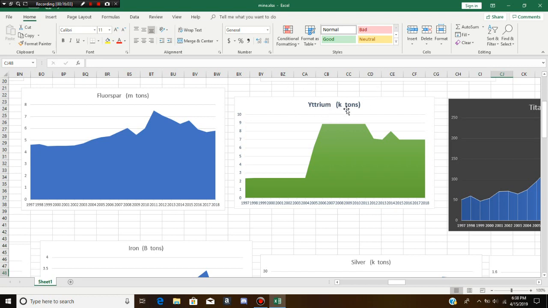But yttrium, measured in 1,000 tons, though barely, it peaked just under 9,000 tons per year and had a plateau and came down, bumped back up, and has since remained level. But it's been almost 10 years of it kind of not really indicating that it's going back up, so I'm keeping it in the peaked category for the moment.